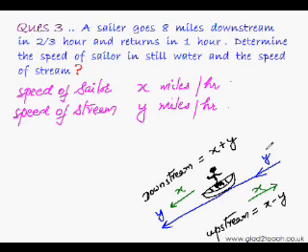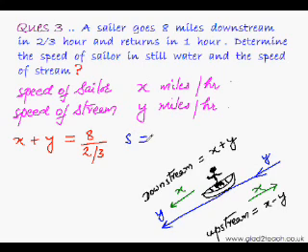So using this information, now we can easily create the two equations, one for the downstream and the other one for the upstream. So that means x plus y is equal to 8 divided by 2 by 3, isn't it?